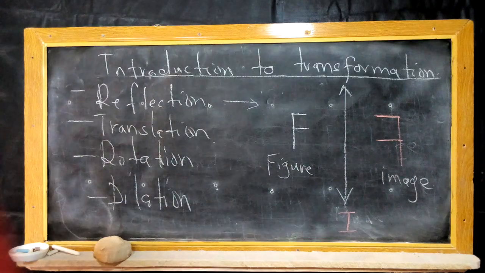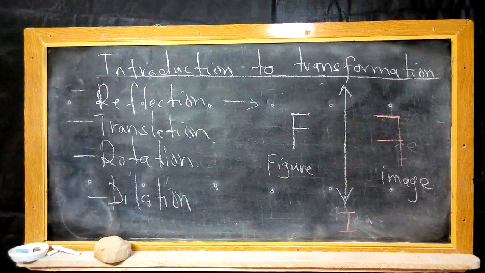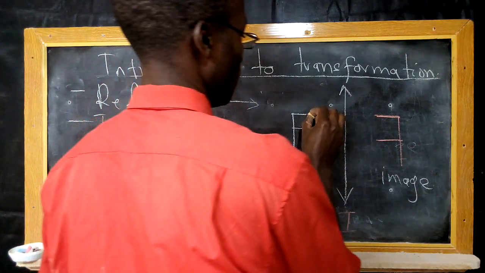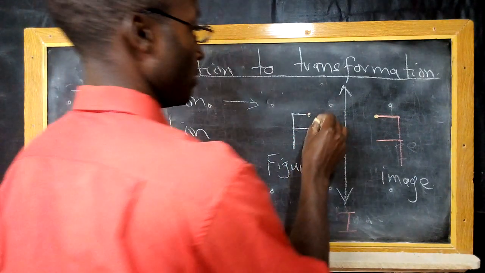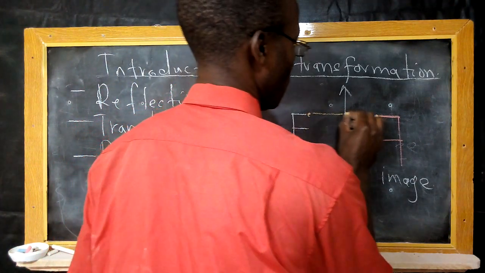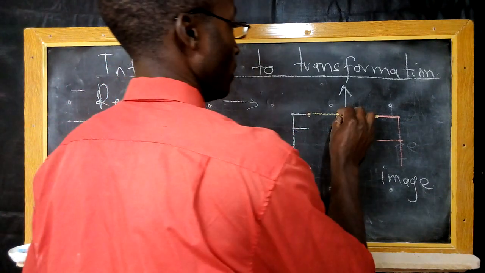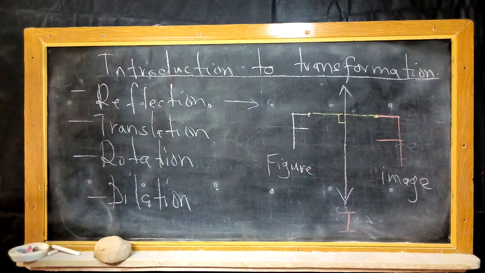So when we want to do a reflection, for this point of the image, we just draw a line that is perpendicular to this line I, the mirror line, all the way through to the other side of that image.